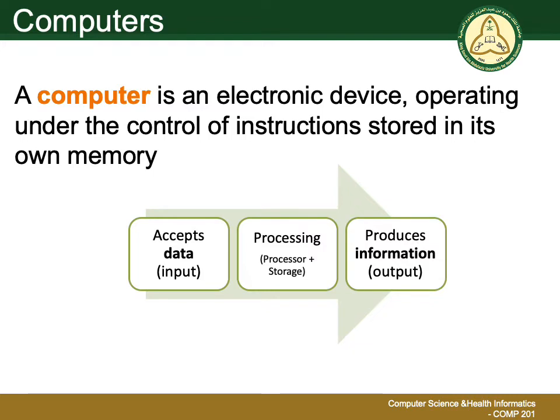When we process the data, we will have information. So this is an important difference between data and information. Data is before processing and information is after processing. Now it's more meaningful. We give this data more meaning so people can understand the message from this information.